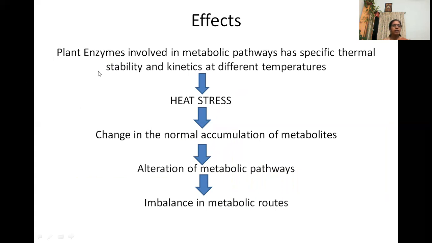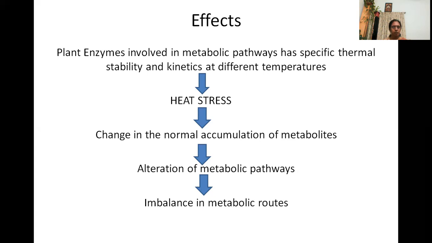That is, the plant enzymes are involved in metabolic pathways. Many plant enzymes are involved in the metabolic pathways that are going on inside the plant cells, and they have a specific thermal stability and kinetics at different temperatures. That is, they are temperature specific. And due to heat stress, there is change in the normal accumulation of metabolites.